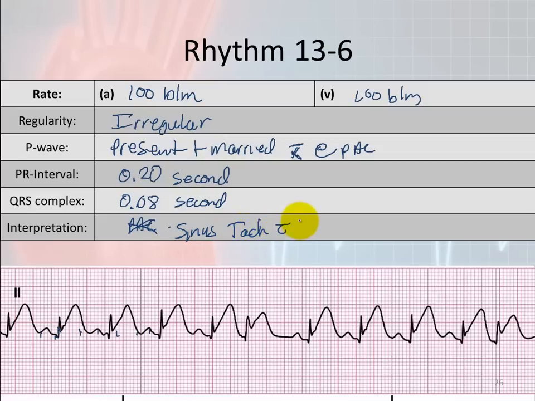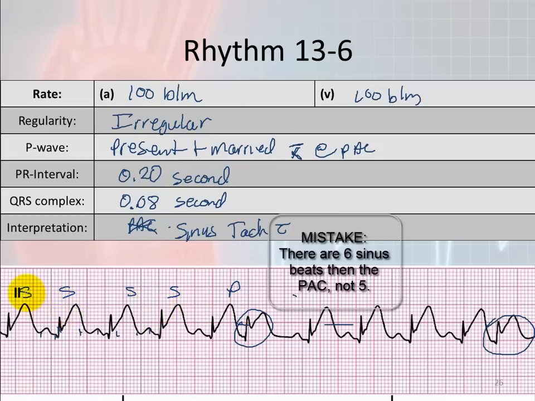with, it looks like there might be two PACs in here because you have a PAC right here, and then if you look all the way over here, there's another one right down there. The problem that we have here is that we can see sinus, sinus, sinus, sinus, and then PAC.